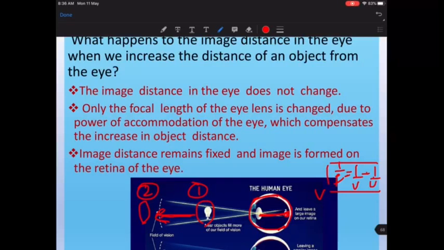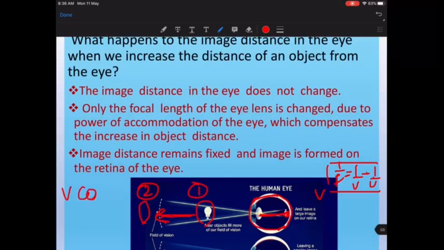It will not change. If you change U, then your focal length will also change. How will the focal length change? The focal length will change because the ciliary muscles help the eye lens to change its focal length. Okay, so look at this answer.